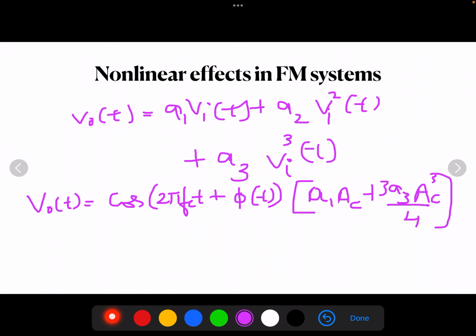So this is the equation which denotes V of t. It is the original FM signal, except the change is only in terms of the amplitude. Thus amplitude nonlinearities of the channel do not affect the FM signal as they do in AM. FM is widely used in microwave and satellite communication.